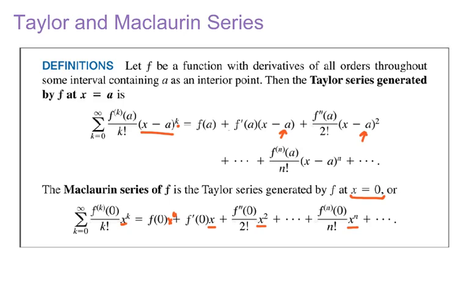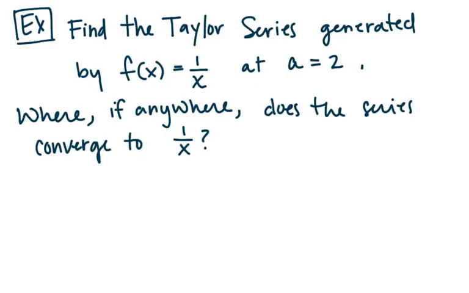Okay, so we'll really focus on Taylor series and just note that Maclaurin is a more basic version of the Taylor series because it doesn't have this extra a value in there. We're using 0 instead. Here we're going to go through the process to determine the Taylor series generated by the function f of x equals 1 over x.